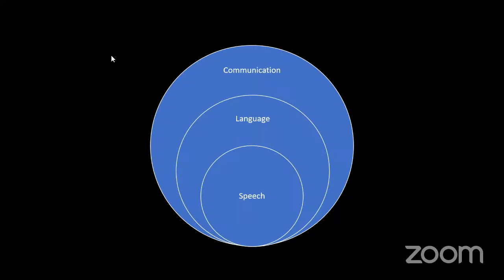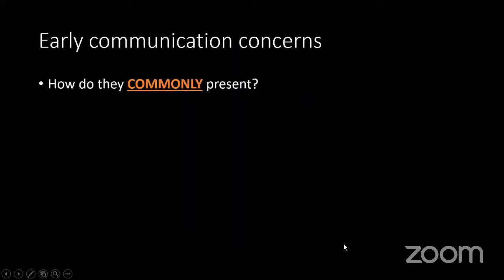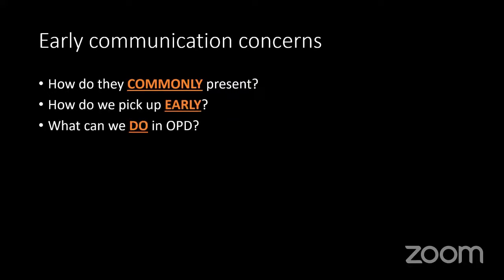So speech, language, and communication are three different parts of development. I'm going to talk about four points. When we talk about communication concerns, how do they commonly present? How do we pick them up early? What can we do in the OPD? And last but not the least, what should we not be doing in the OPD?